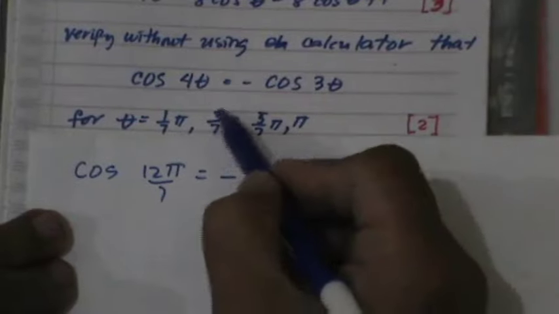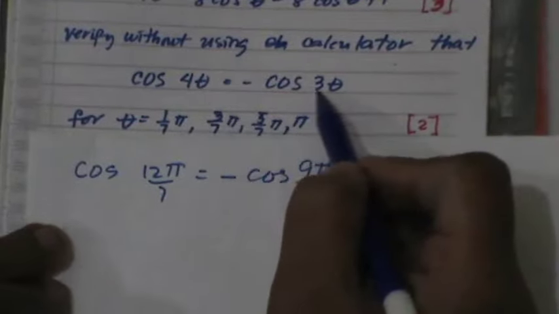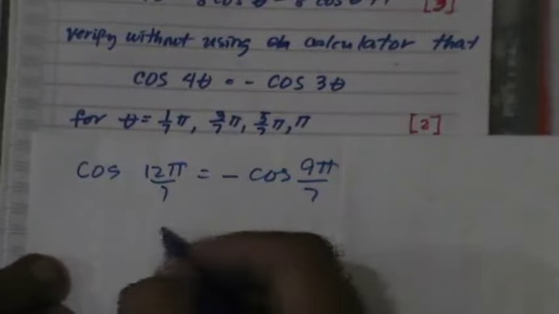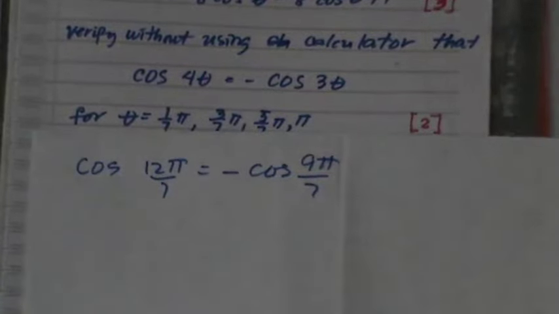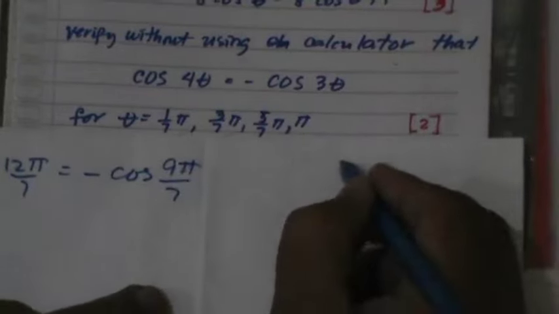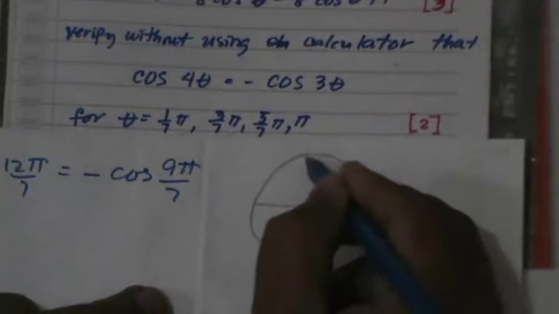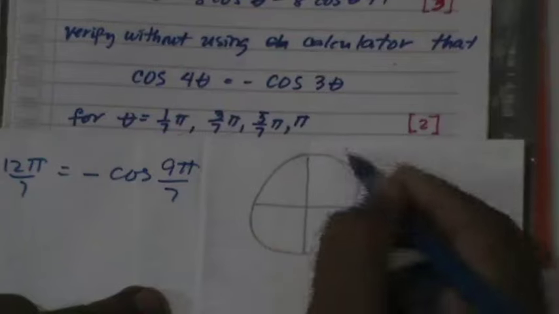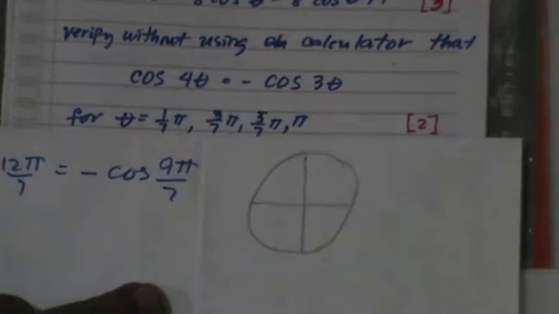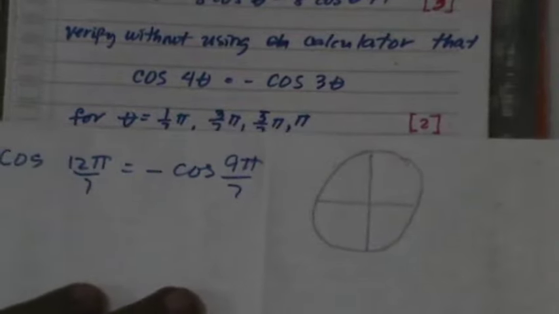Again, we're only plugging this into there. Now, how are we going to show this? Just for you to have a visual of that, I want to show that one visually. However, you really don't need to show it visually if you can manage to write the trigonometric identities right away. So here, that is 12 pi over 7.